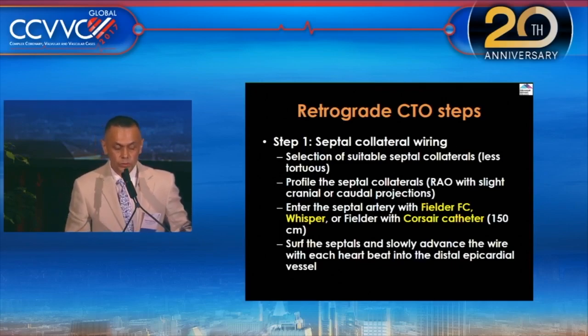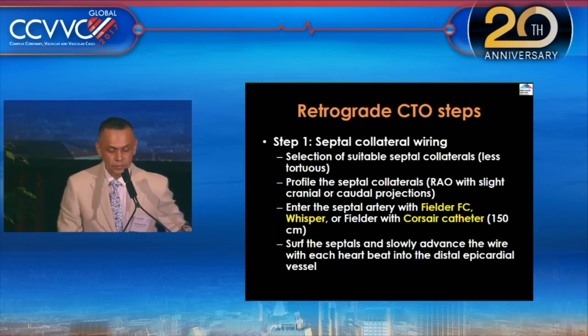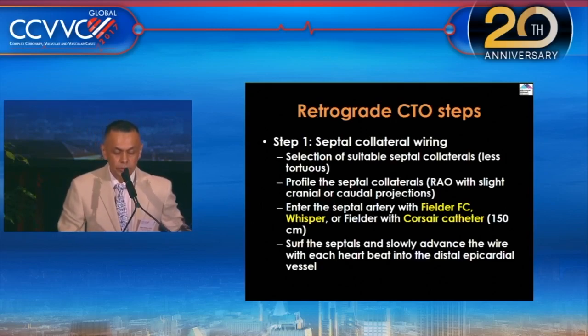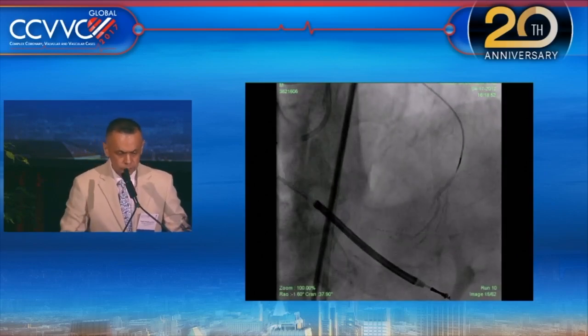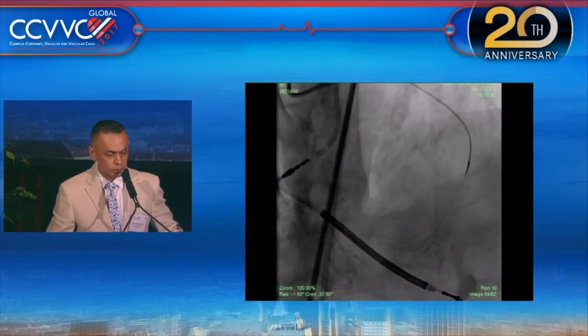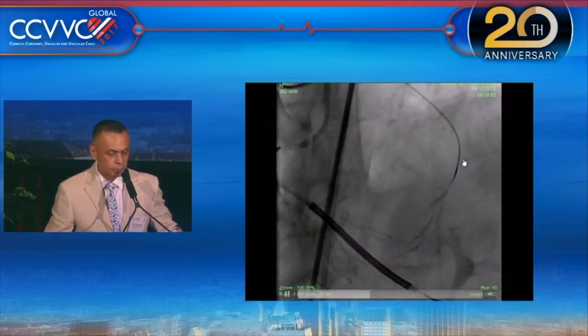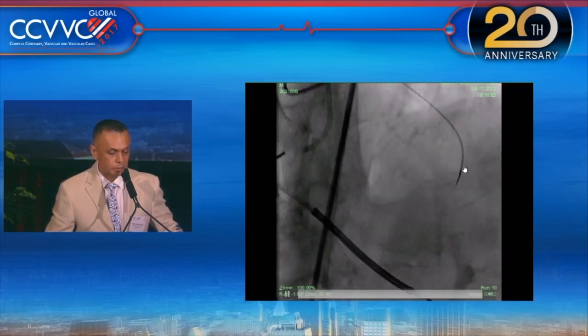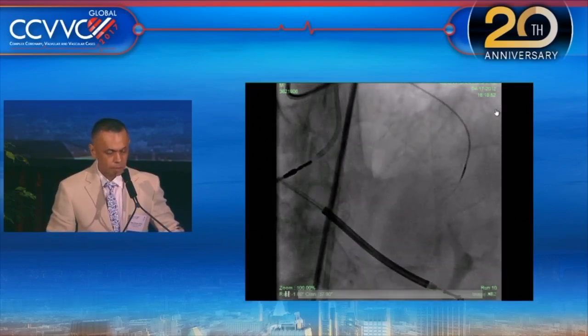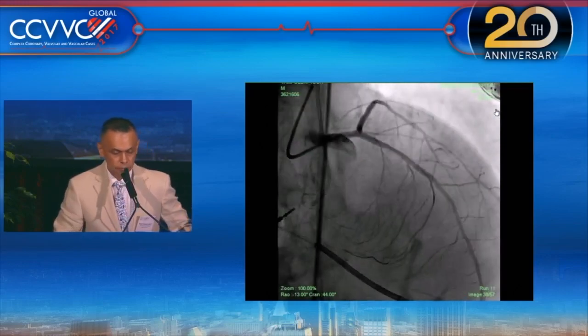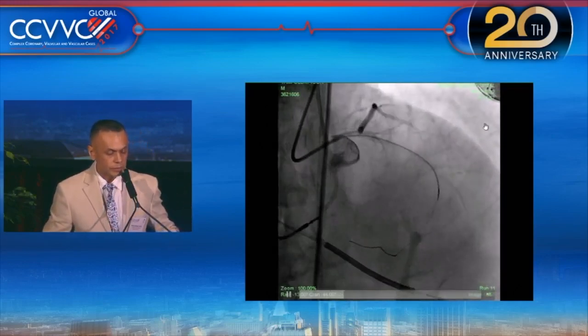The second wire of choice is a Whisper with a Corsair catheter, 150 cm. There are two sizes, 135 and 150. You need to use the 150 for this type of case. You can see the Corsair catheter here with a tip. It's like a screw type tip. You can see now the Corsair with a filter.